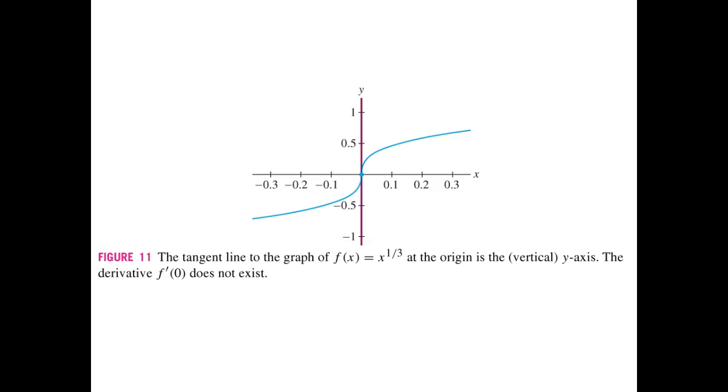This is the cube root of x, right? That's what that means. If x is negative, it's coming like this. It's equal to 0 at 0, and it's continuous at 0.